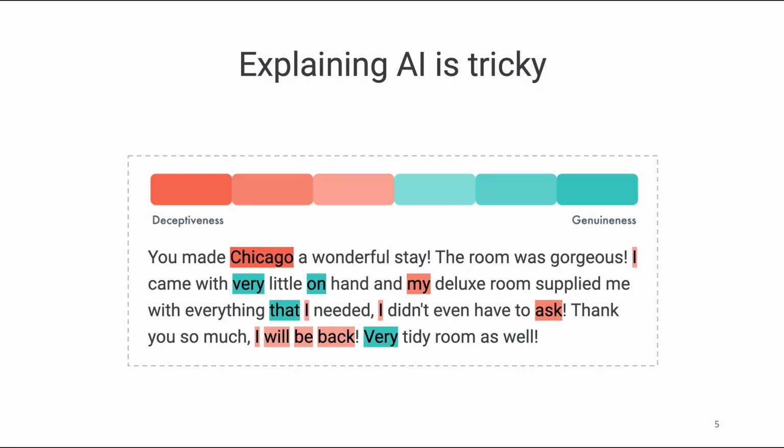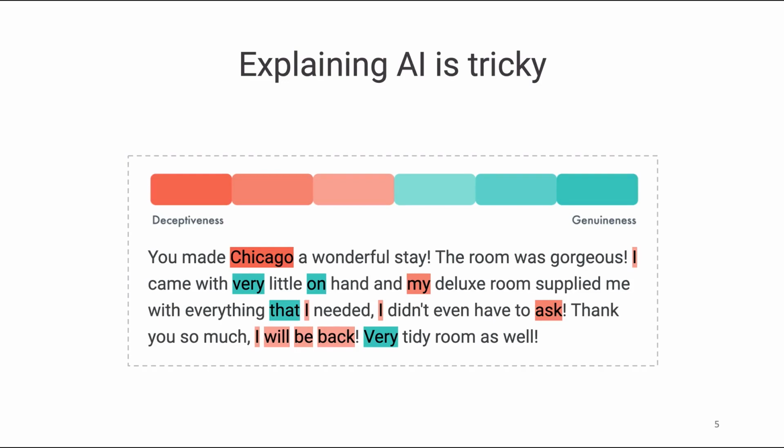The highlighted words here represent explanations or important features from the machine learning classifier. Green words are associated to genuine reviews, and red words are associated to deceptive reviews. The darker the color, the more associated the feature is to the label. These highlighted words also tell us why the classifier predicts the review as deceptive.